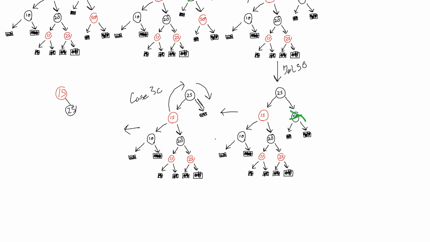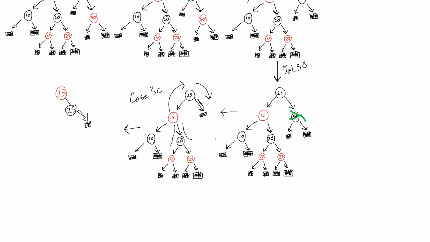And then 25 is going to have, of course, its double black child that we're trying to resolve. And then 25 is also going to get the right child of 15. So this guy right here is going to get attached to 25 instead of 15. Effectively, 25 and 15 are swapping places when we're rotating here.